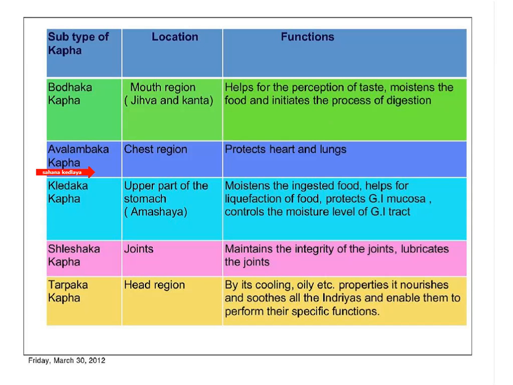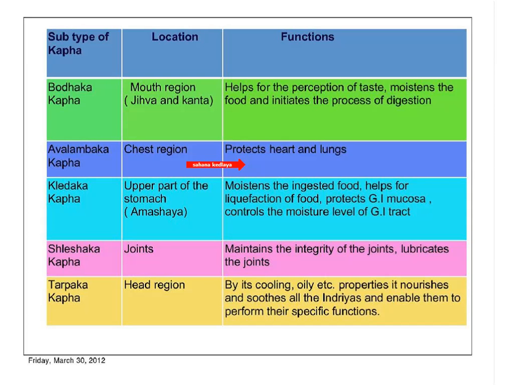The second subtype is Avalambaka Kapha, and it resides in the chest area or the thoracic region, and its main function is to protect the heart and lungs. The heart is covered by two membranous layers called the pericardium. In between these two layers of pericardium, there is pericardial fluid.